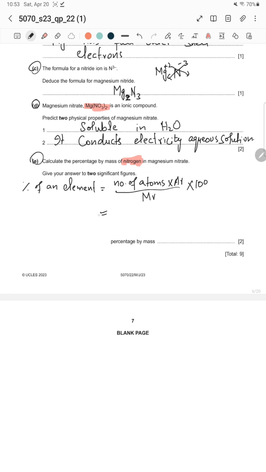Let's apply this. Number of atoms of nitrogen in magnesium nitrate is 2, AR of nitrogen from the periodic table is 14, Mr of magnesium nitrate when you calculate will be 148, and for percentage multiply this by 100. So dear students, the final answer will be 19% of nitrogen.